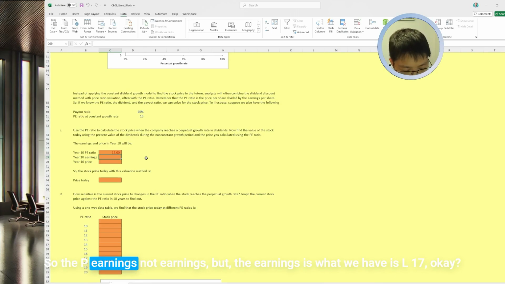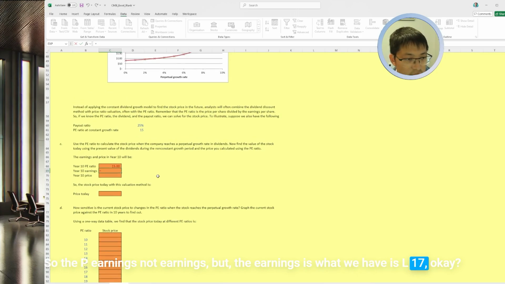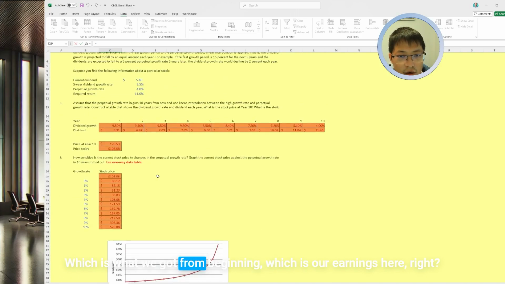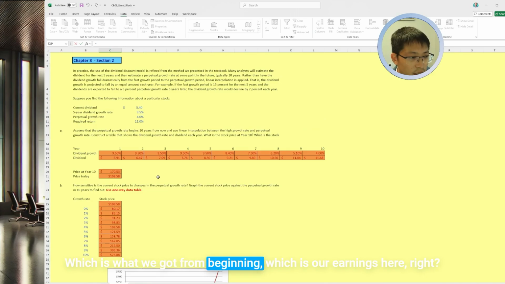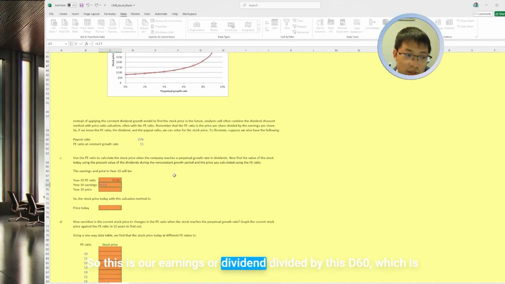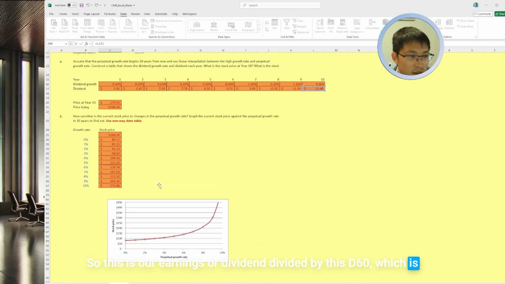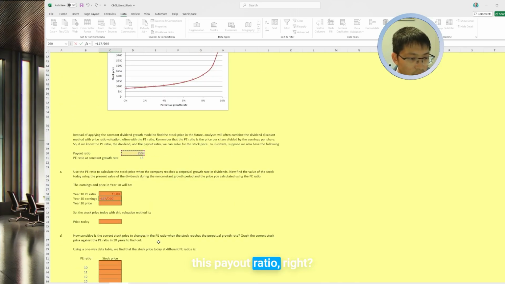So this is our P/E ratio, which is 15. Price over earnings, and earnings is what we have in L17. For earnings, this is dividend divided by the payout ratio.